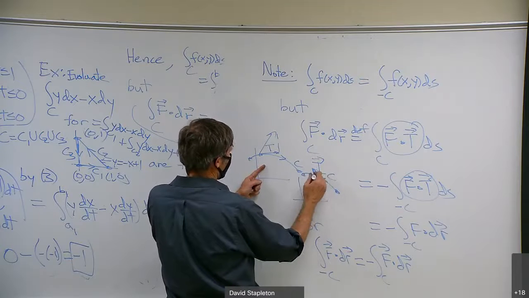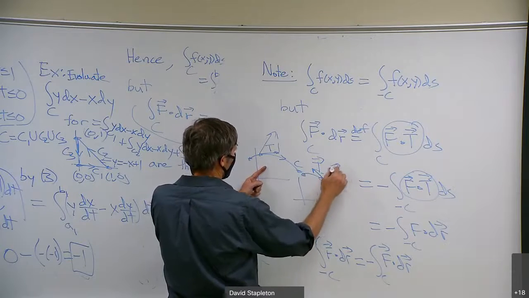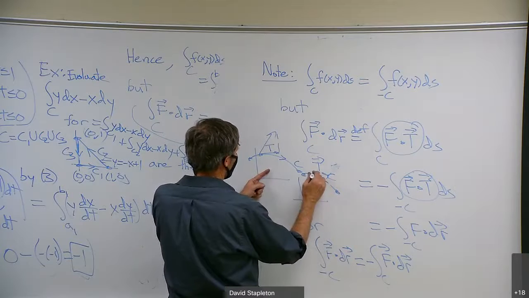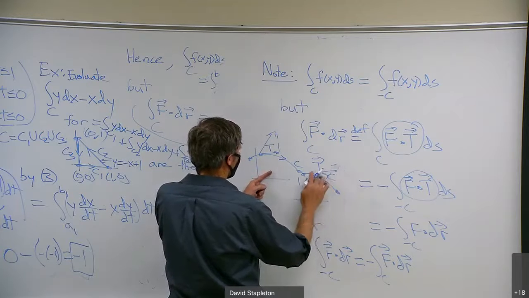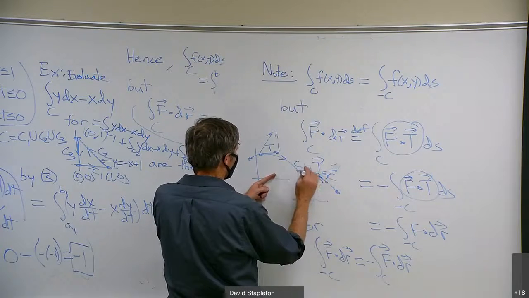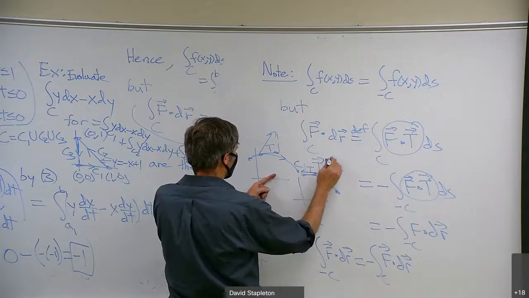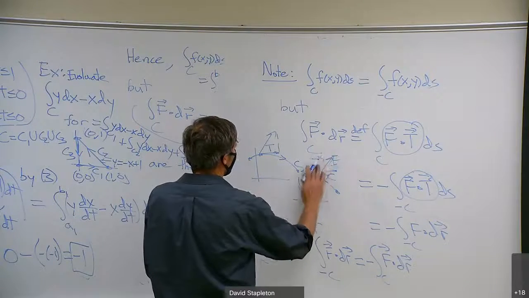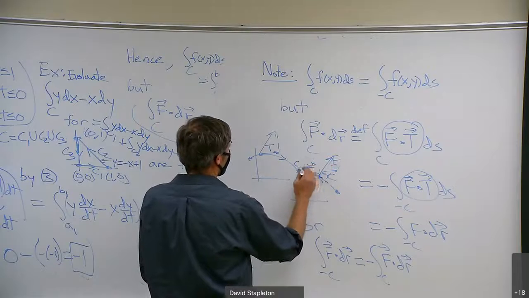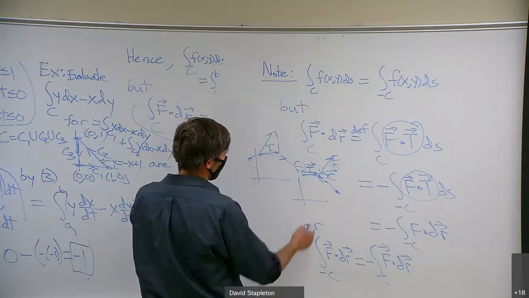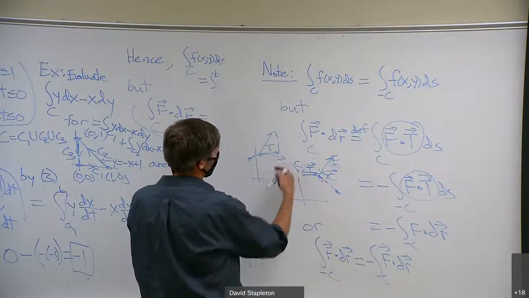And so f dot t at the same point. Oops. Same point. So now t is pointing this way, and the force field is this way. And so f dot t is actually negative now. Here's f. Here's t pointing backwards, opposite direction. So f dot t is minus what you get moving this direction.